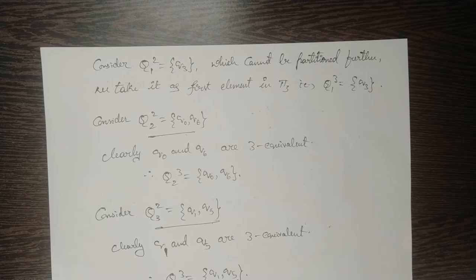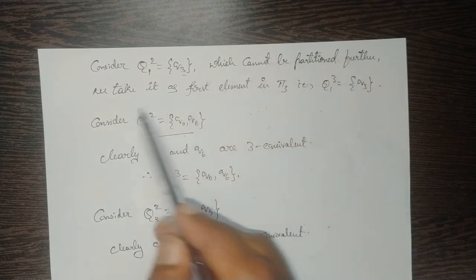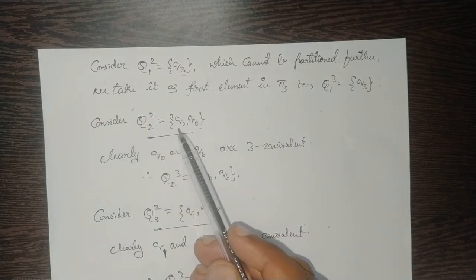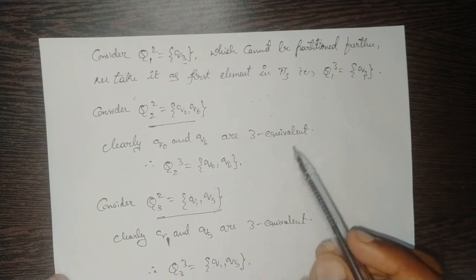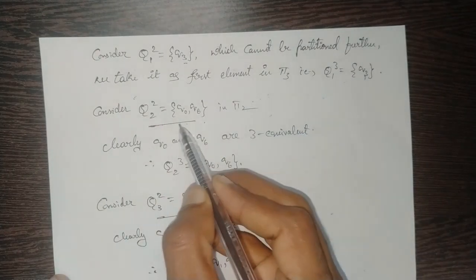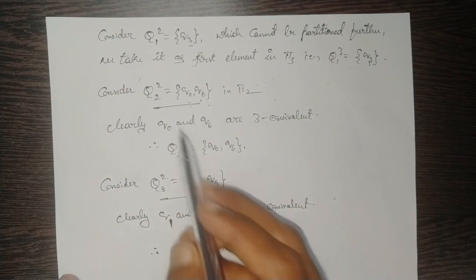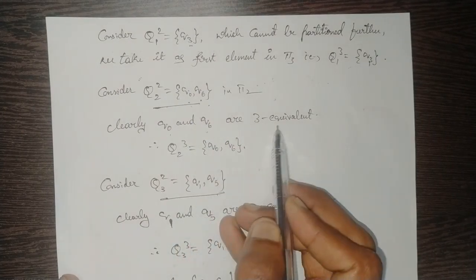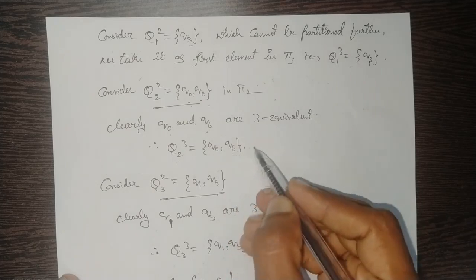So, consider the first element in Pi2, that is Q3, which cannot be partitioned further. So we take it as the first element in Pi3, that is Q3. And the second element in Pi2 is Q0, Q6. By observing that transition table, clearly Q0, Q6 are pre-equivalent, so take it as the next element in Pi3.